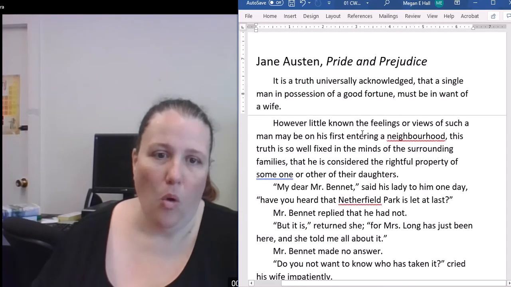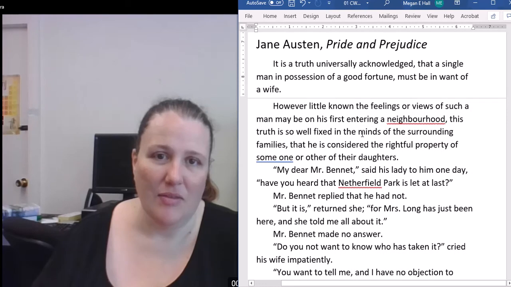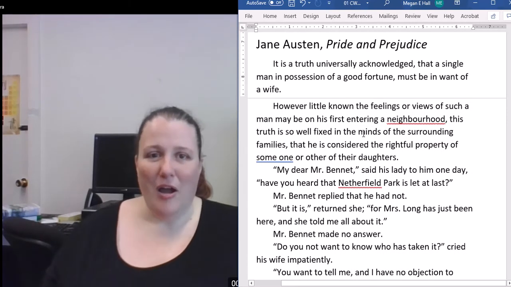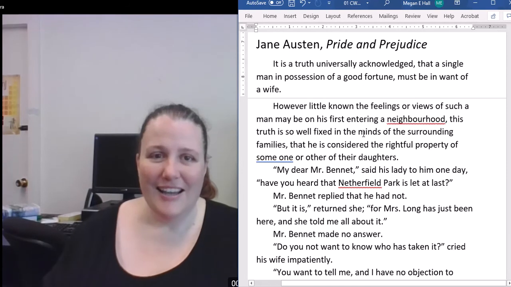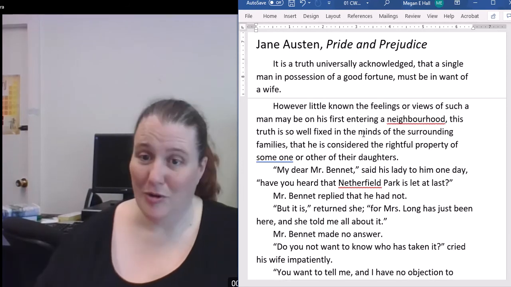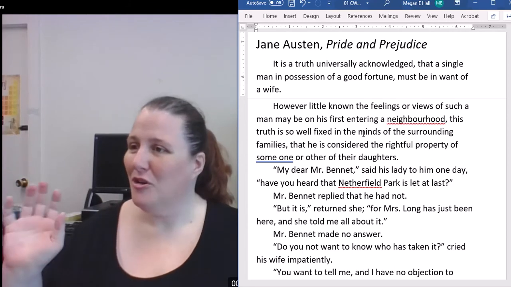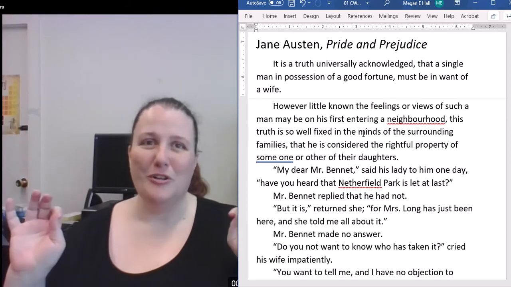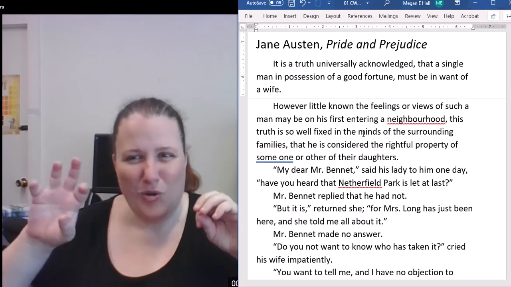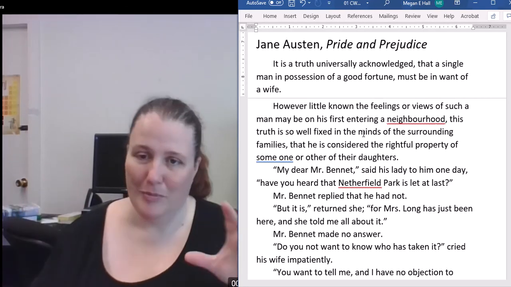I'm not going to read the whole thing here. I'm going to jump from the beginning, and then we'll take a look at the end and we'll talk about it. So this is the beginning of Pride and Prejudice, and we have a sense of humor here, but much more gentle than Mark Twain. So two authors who have sort of a similar tone, but one is quite biting and sarcastic, and one is a little bit more gentle.